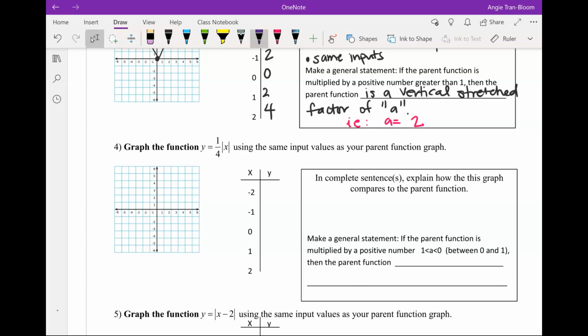Exploration 5 will be your last one. Once you're done graphing it out, I would like for you to fill in some comparisons there.